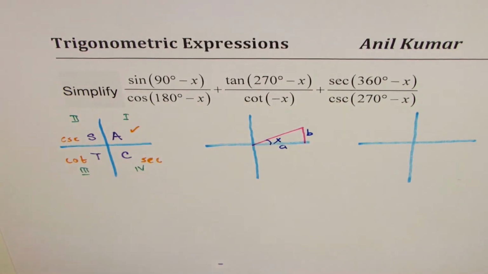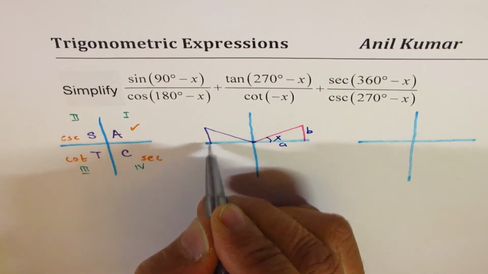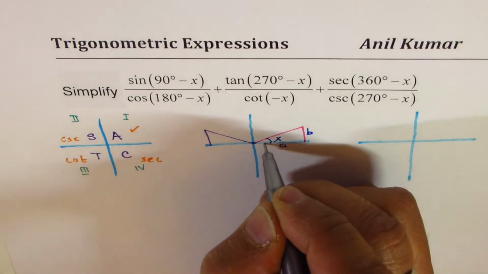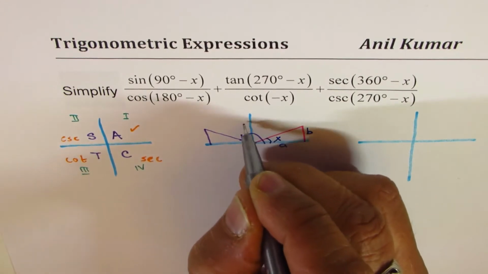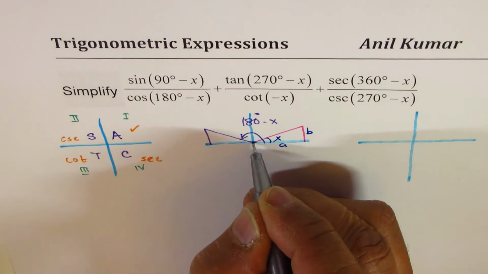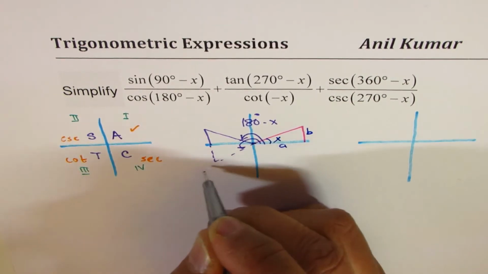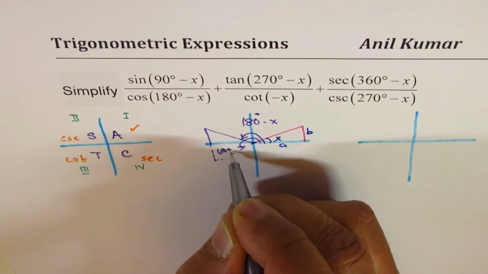If I do 180 minus x, that means we rotate it and it comes to this position. So this angle here will be 180 degrees minus x. Well, if I make something like this, that will be 180 plus x, correct?